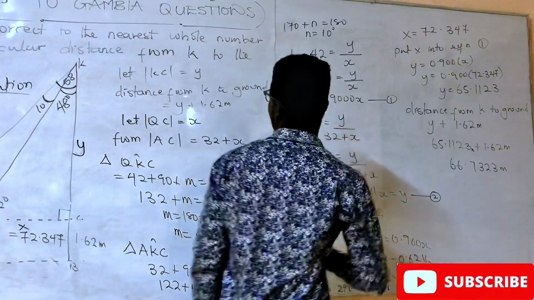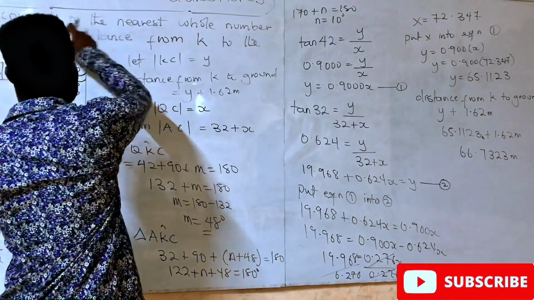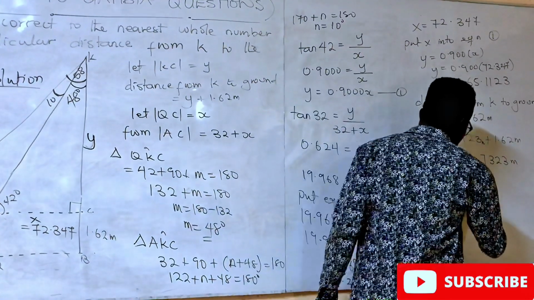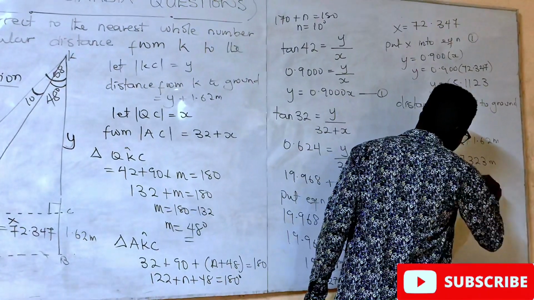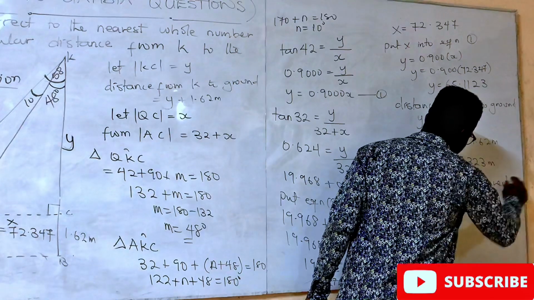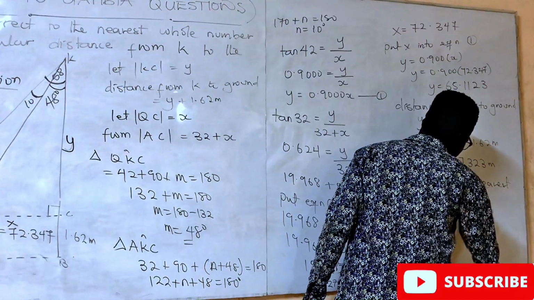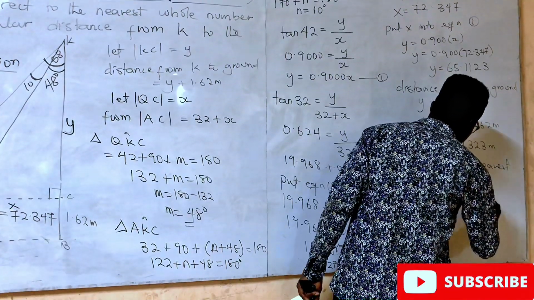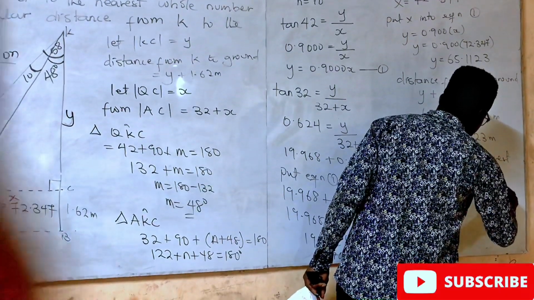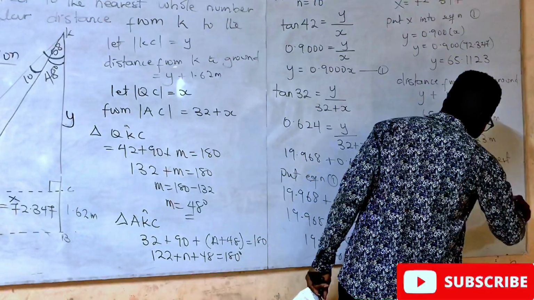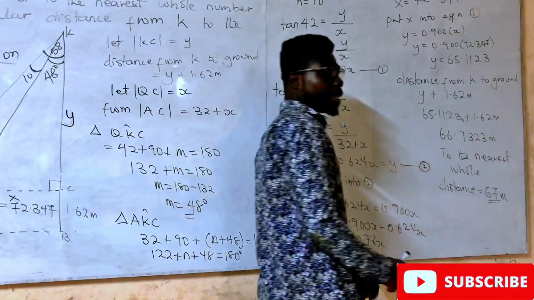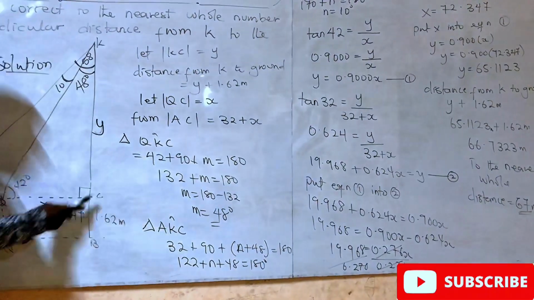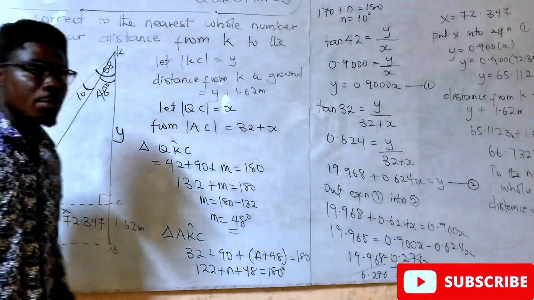Now the question says that you should calculate correct to the nearest whole number. To the nearest whole number, the perpendicular distance is giving us 67 meters. Perpendicular distance from K to the ground is giving us 67 meters.